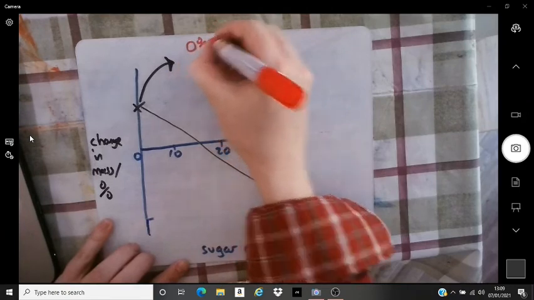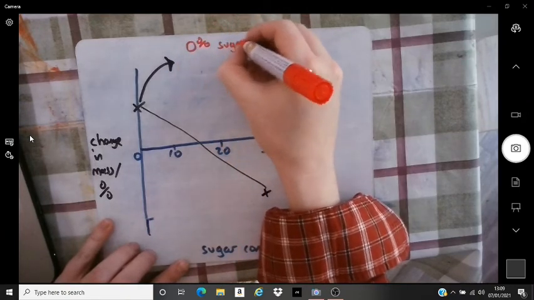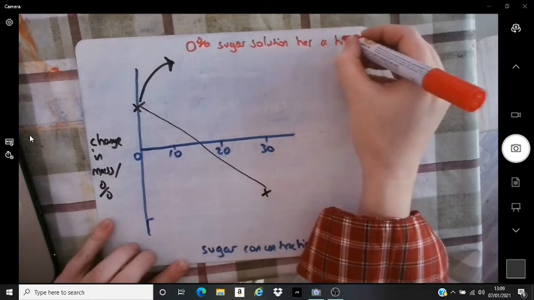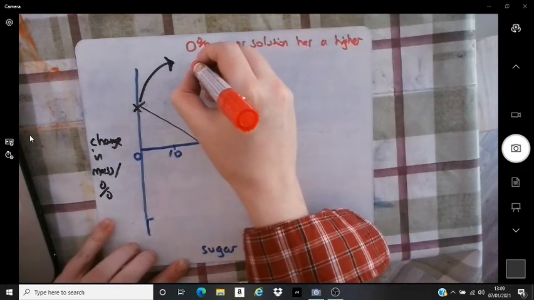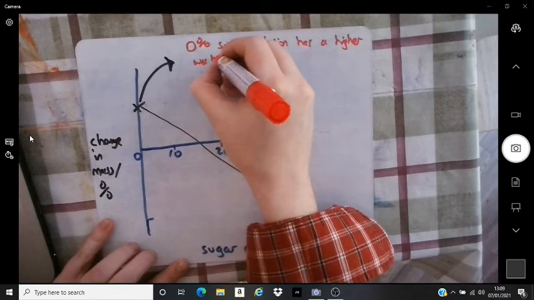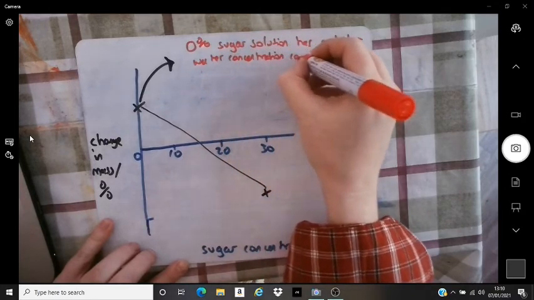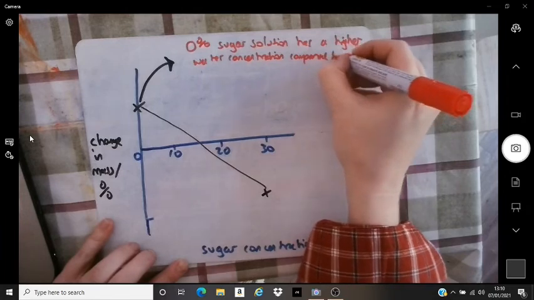So the 0% sugar solution has a higher water concentration compared to the potato.